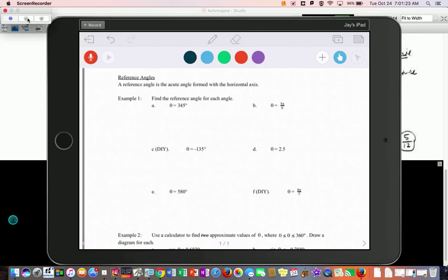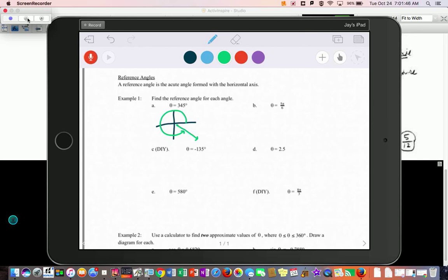All right, reference angle. Simply, reference angle is the acute angle formed with the horizontal axis. So if I draw a diagram, and I think when you do these problems, you should get in the habit of drawing them. They want me to draw 345 degrees. So 345 would be somewhere right about there.